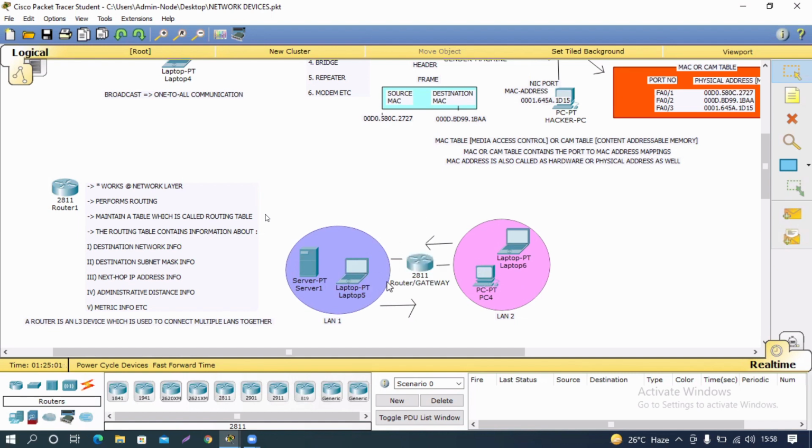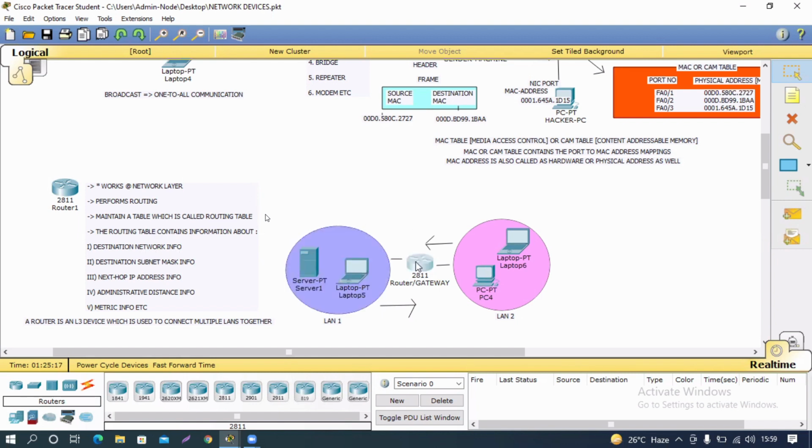So this is what you are having, the routing. Routers always maintain a routing table to perform routing, to take information from this LAN and deliver it to the other LAN.